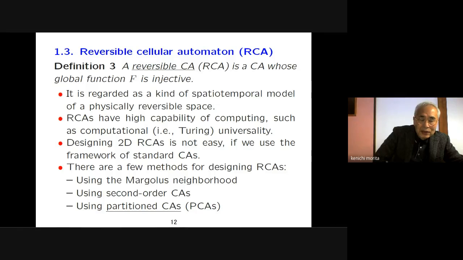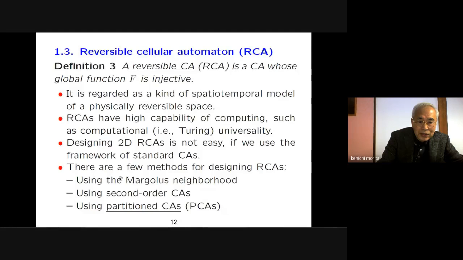Generally, it is not decidable. Given a cellular automaton, it is not decidable to know it is reversible or not. It was shown by Jarkko Kari.